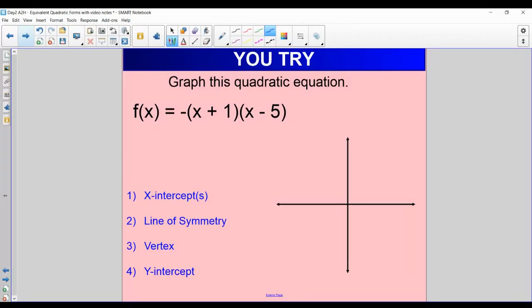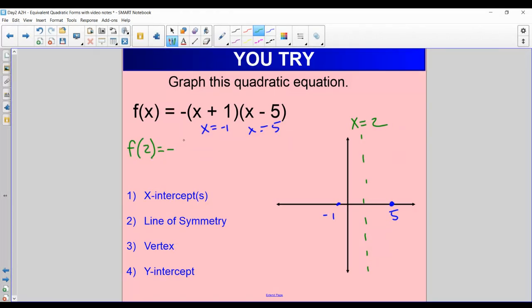So again, solve each of these to figure out that I've got x equals negative 1, x equals 5. Go halfway in between, so they are 6 apart. So when I go halfway in between, I'm going to be at x equals 2. Plug in 2 to the function and evaluate.